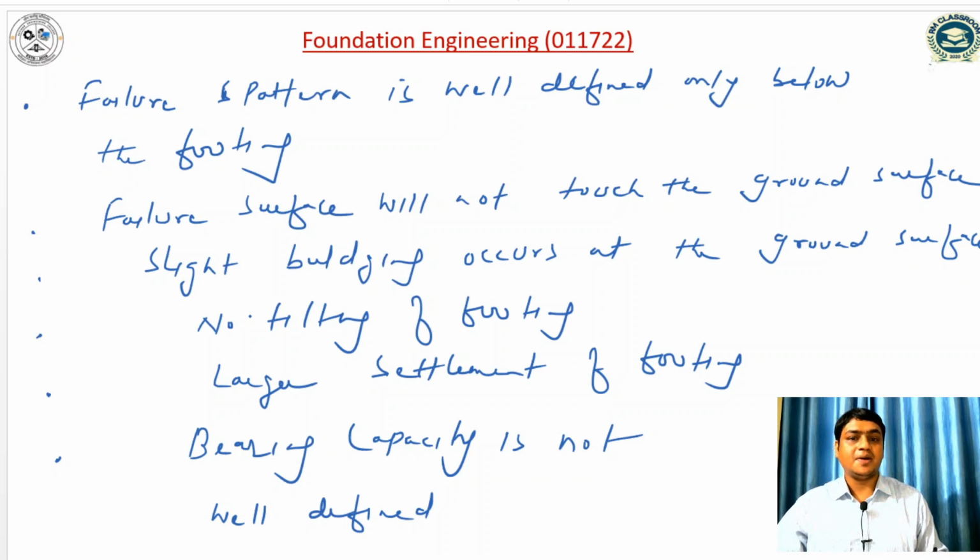There is a bulging near the footing in general shear failure, but slight bulging will occur near the footing here. There is tilting of the footing in general shear failure, but no tilting of the footing here. Larger settlement will occur in local shear failure. In general shear failure, bearing capacity is well defined, but in local shear failure, bearing capacity is not well defined.